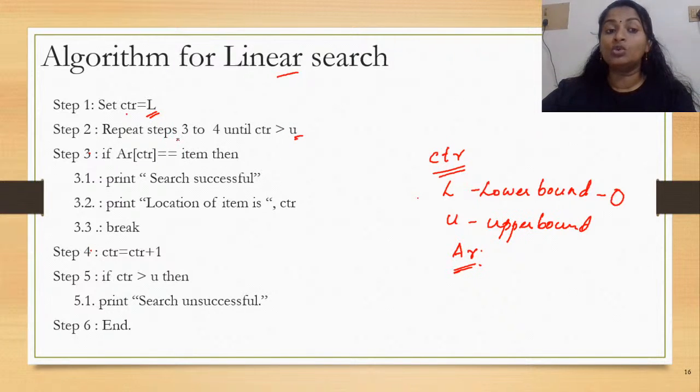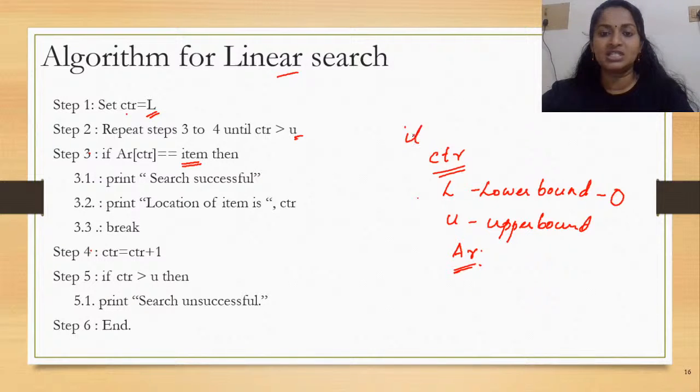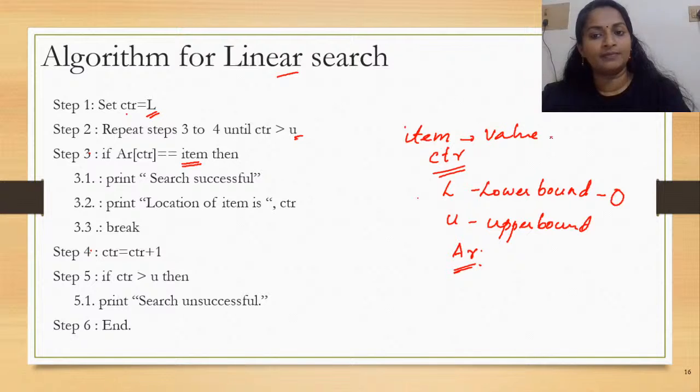Now what are you going to do as you're progressing along the list? You are trying to find whether the value stored in the item is present. Now what does the variable item indicate? The item is the value to be searched.